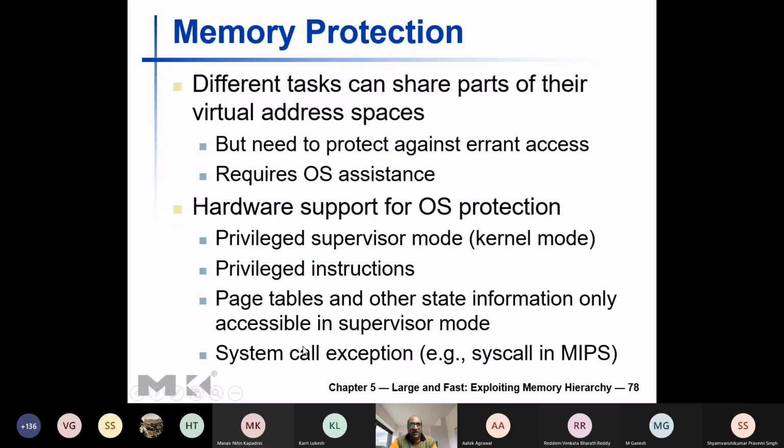So by using these various provisions, the OS can protect the various processes lying in the memory, and can protect the other processes which are running concurrently on the CPU and making use of various resources.